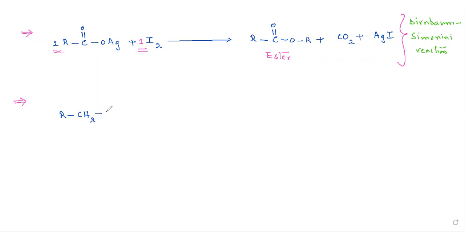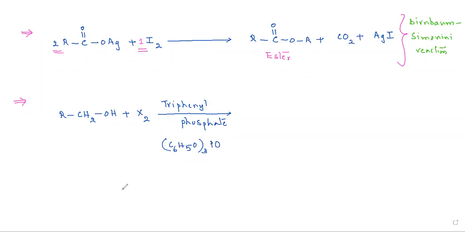See, when an alcohol is treated with halogen in the presence of triphenyl phosphate, that is, phosphate is PO4 minus 3, where 3 oxygens have been replaced by phenoxy groups.